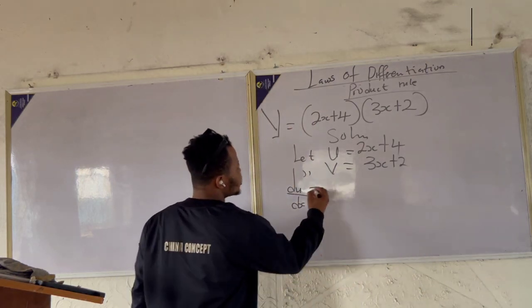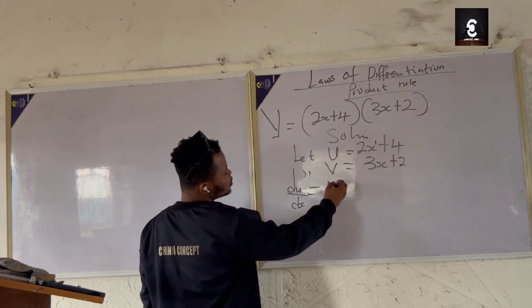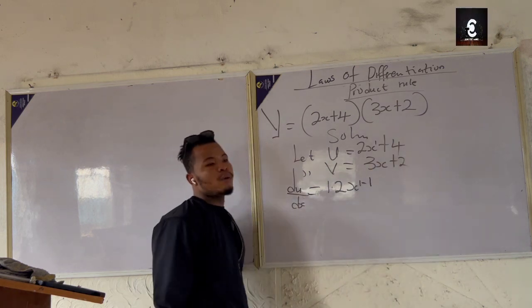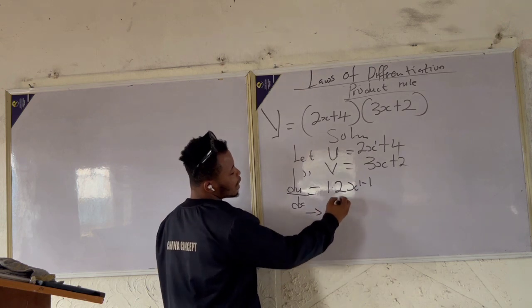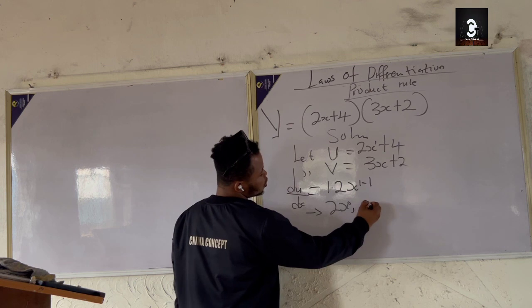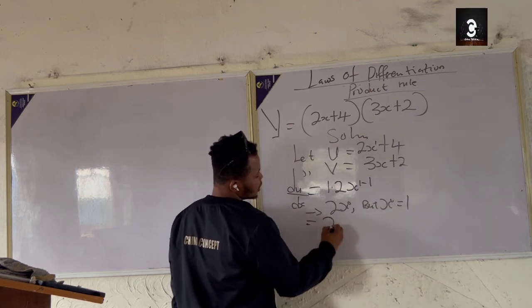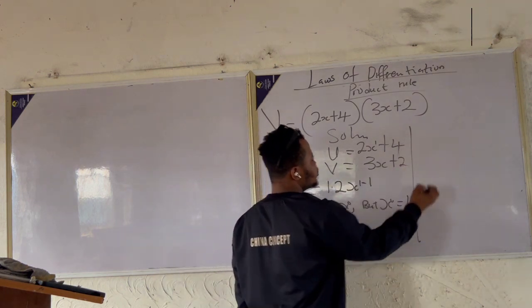There is power 1 here, so this is 1 times 2x raised to 1 minus 1. I won't differentiate 4 because 4 is a constant. So this gives 1 times 2 is 2, x raised to power 0, and x raised to power 0 is equal to 1. My answer is 2.